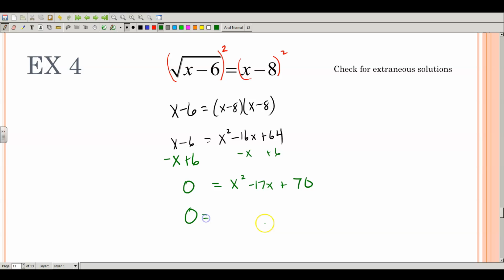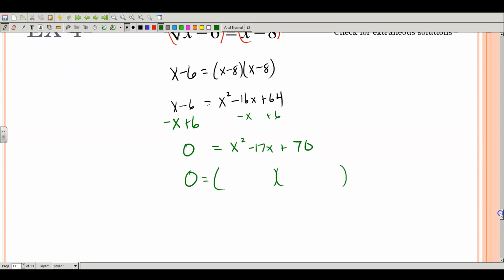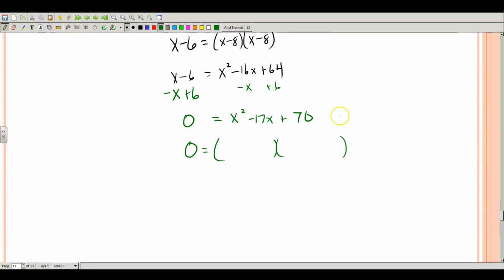Again, I'm left with that situation of, can I factor this, or should I just use the quadratic formula? This one is factorable, and if you don't notice something's factorable right away, you can definitely use the quadratic formula, but if you've done a little bit of factoring, you can tell this one is factorable because what multiplies up to 70 and also adds up to negative 17?